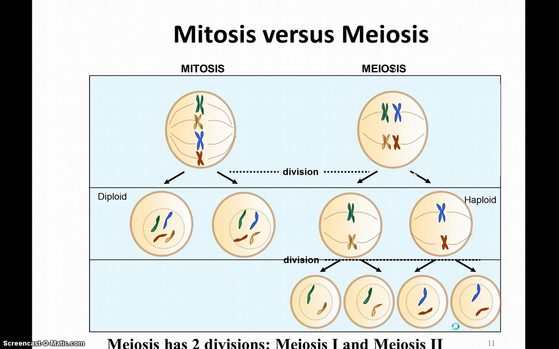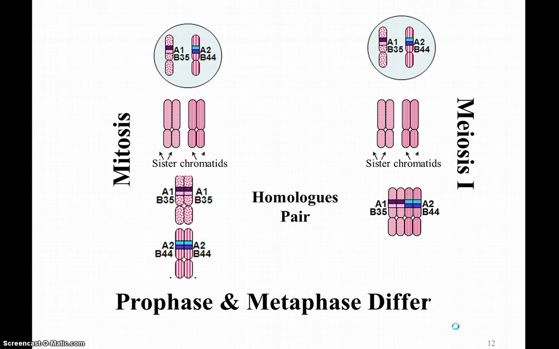Here's a comparison between mitosis and meiosis. Hopefully you remember the basics of this, but if not, take a second, pause it, and review the diagram. Keep in mind, during prophase and metaphase, we're going to differ in mitosis and meiosis.